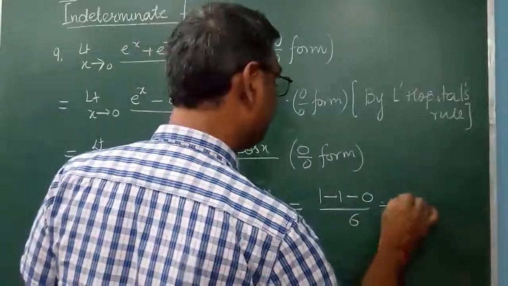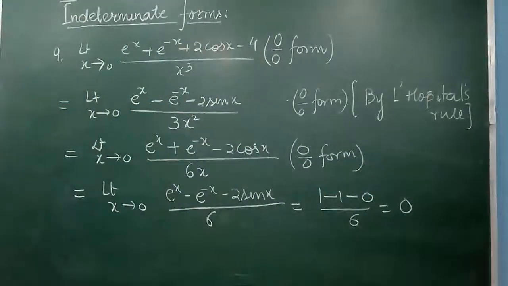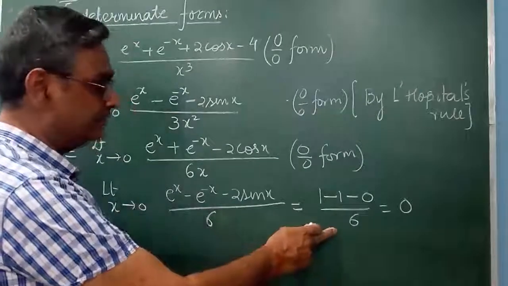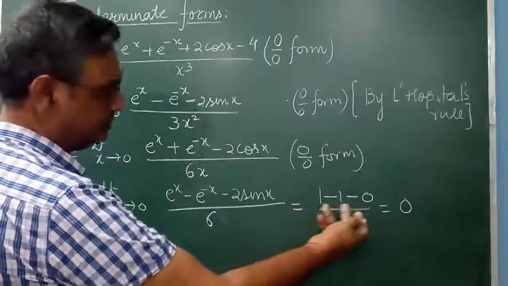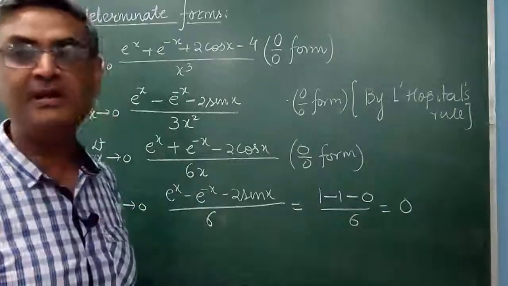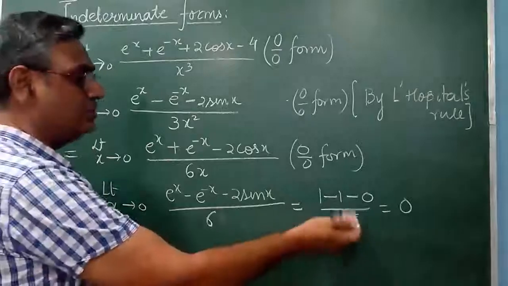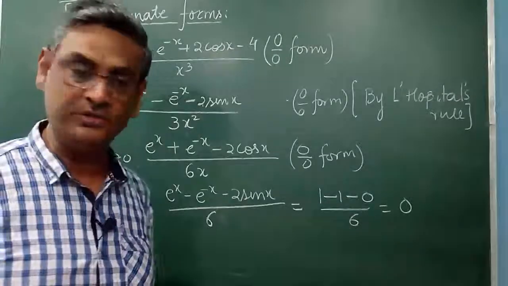So answer here will be 0. In the denominator we are not having 0 here. So it is 1 minus 1 is 0 and 0 by 6, 0 divided by any number or multiplied by any number is 0. So here we can write 0 by 6 is equal to 0.